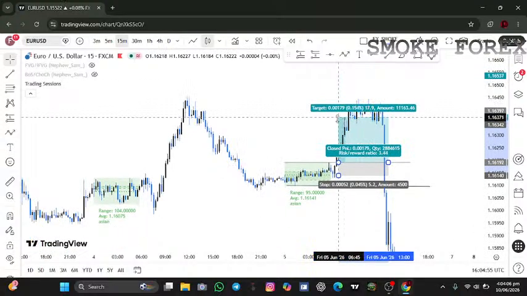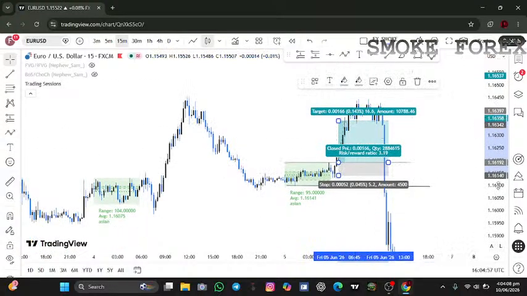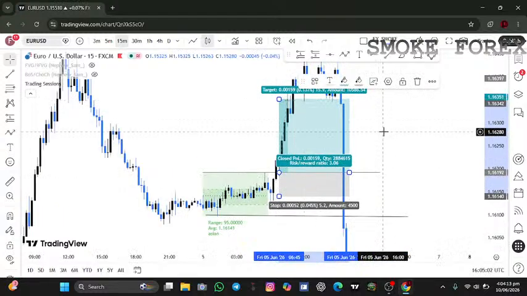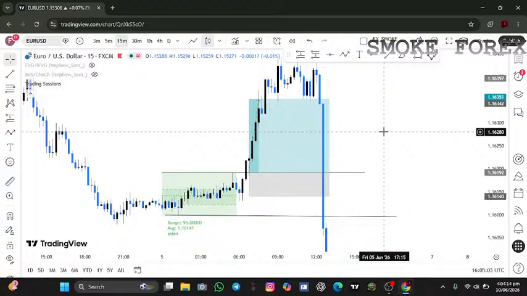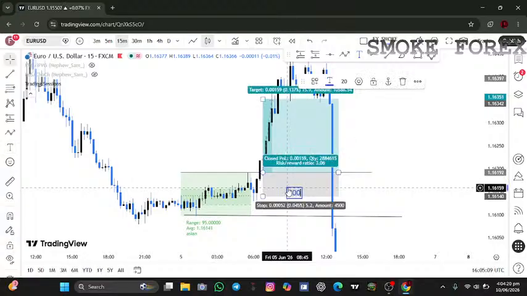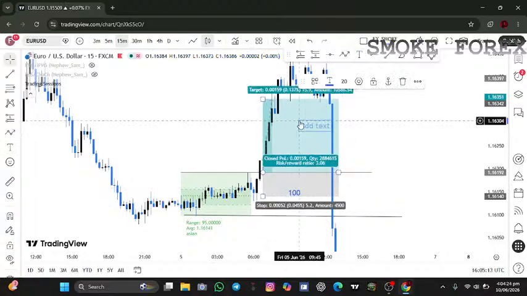Or if you are not that good like me, you can aim for 1:2. So 1:3 is the perfect trade. This means if I had $100 over here, at 1:3, I'm going to make $300. Simple.